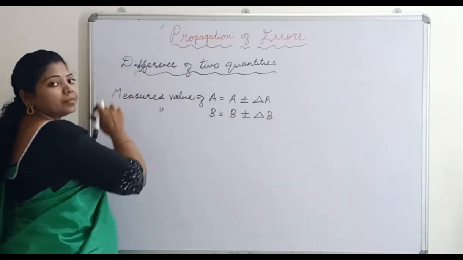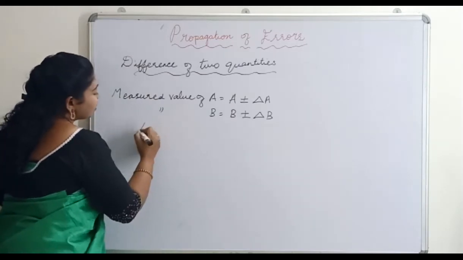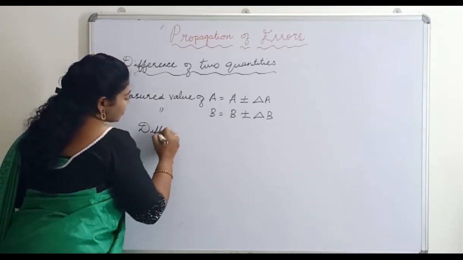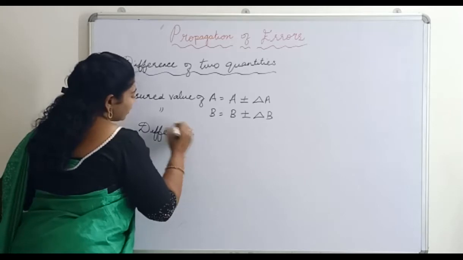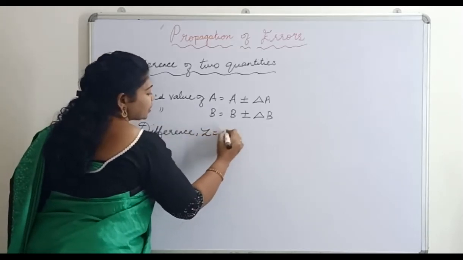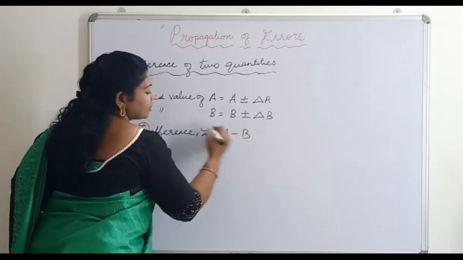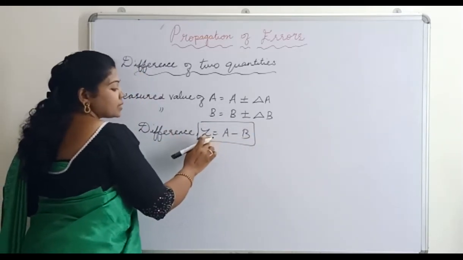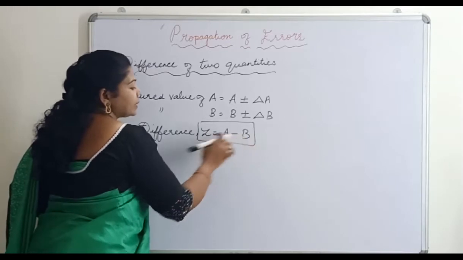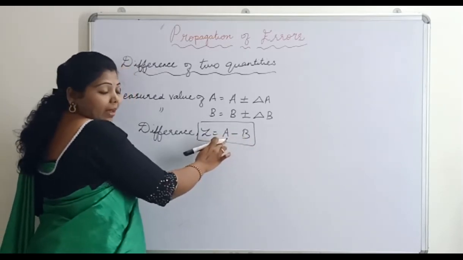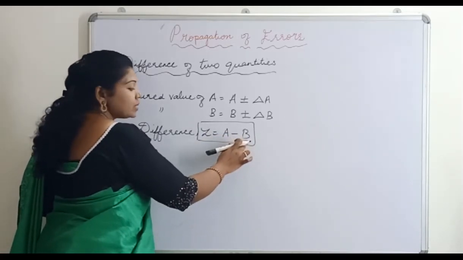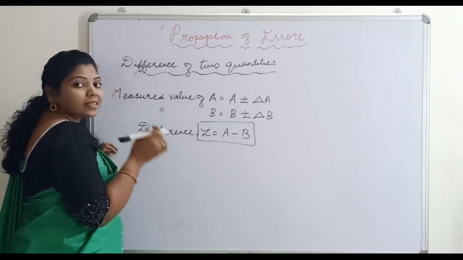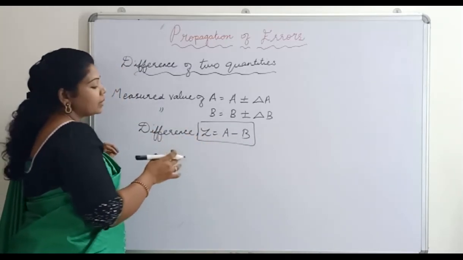So now here we have to find the difference. The difference Z is equal to A minus B. How can we find the difference? A is also having some error, B is also having some error, so the final result Z will also have some error.